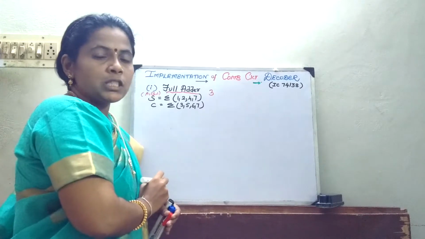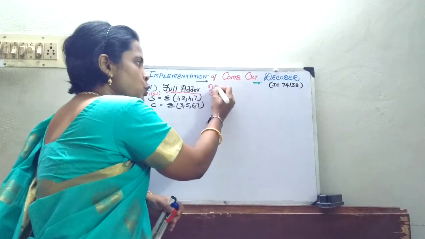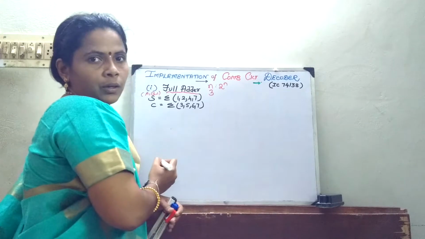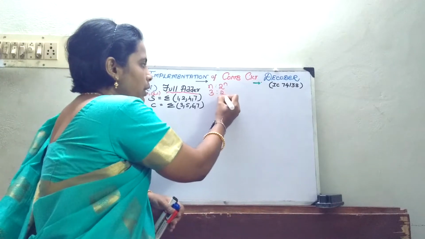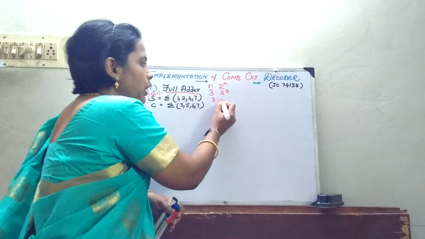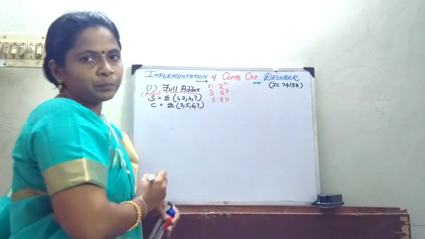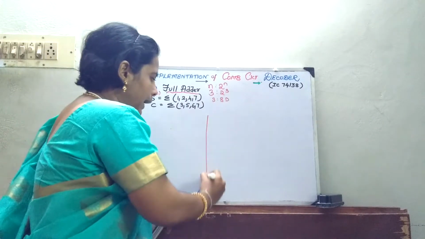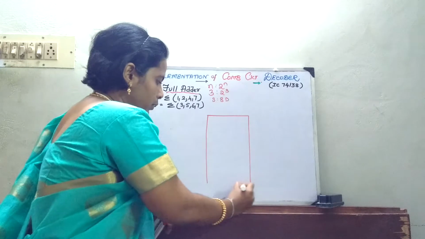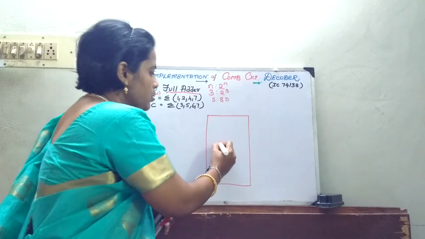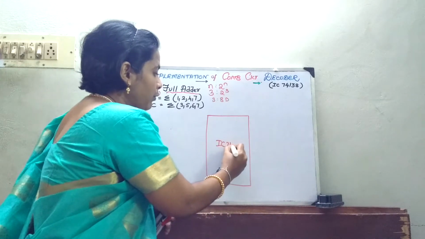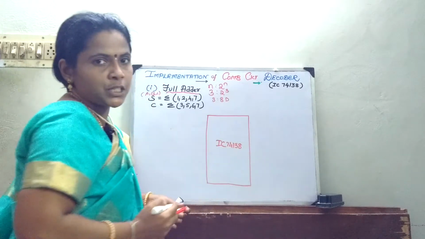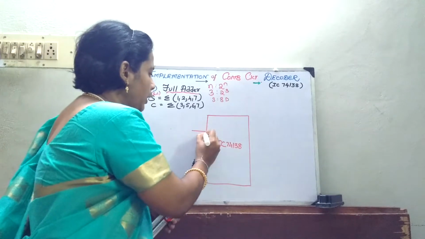What is the principle of decoder? n is to 2 power n. So that means 2 power 3, so I have to use a 3 cross 8 decoder. Now let us draw the diagram of your decoder. This is IC 74138. How many inputs am I going to have?